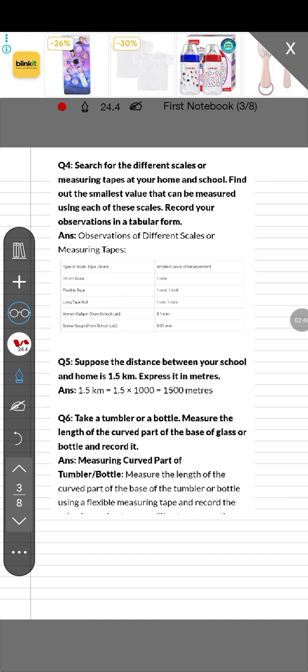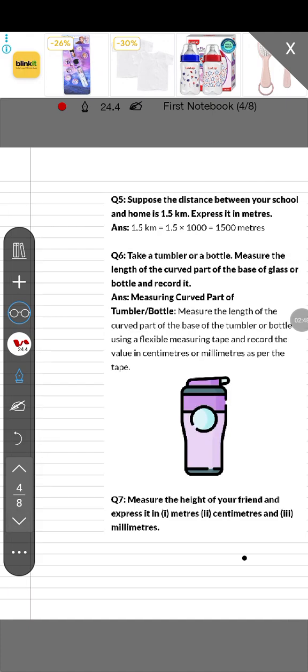Now question number 6. It says to take a tumbler or a bottle, measure the length of the curved part of the base of the glass or bottle and record it. You have to tell the recording of that also, meaning the total measurement which you have taken.